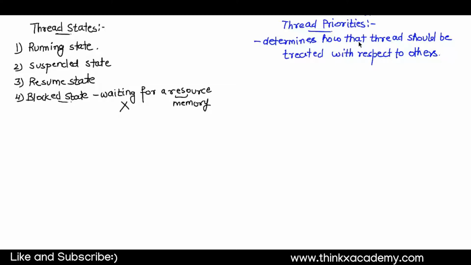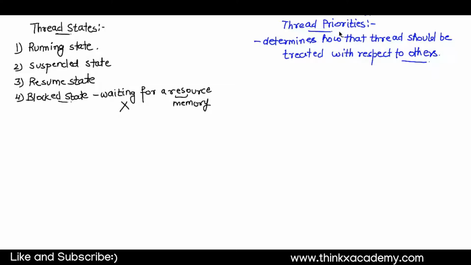We say that we are going to give priority to our studies over gaming or something like that, which basically means that I am giving more priority to studies than to others. Similarly, if there is some other part of the program or thread executing, I can assign a priority to that thread.